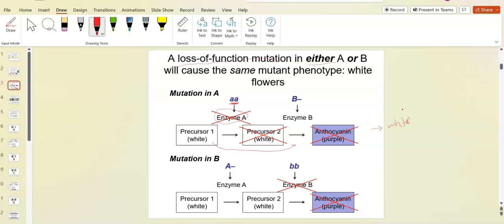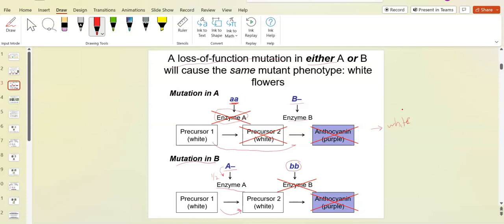Okay, now we could have a mutation in B, enzyme B. So here's our mutation in B. A is fine. It could be either homozygous dominant or heterozygous. As long as we have one copy, we're going to make half the amount of enzyme A, half the workers. They're still going to do this job, although it might be slower.